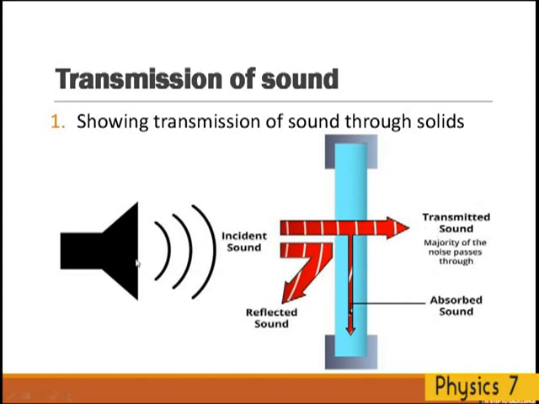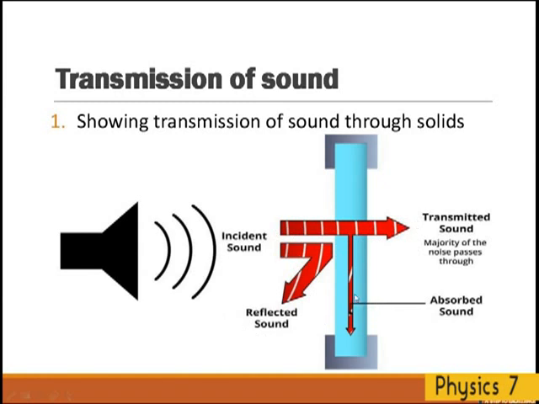Now obviously, once you have a source of sound waves, and those sound waves are, we can call it incident sound, once that's incident onto the wall, that means once those sound waves hit that wall, then you're going to get some of the sound waves which are reflected away from the wall. And we've seen this in section 7.1. But you will also get some transmitted sound.